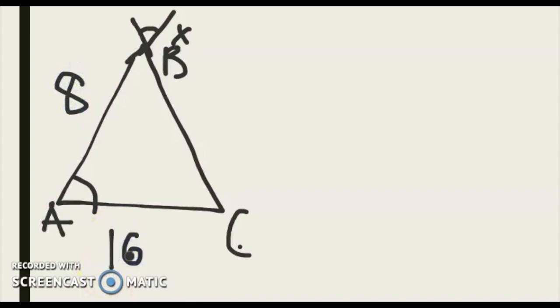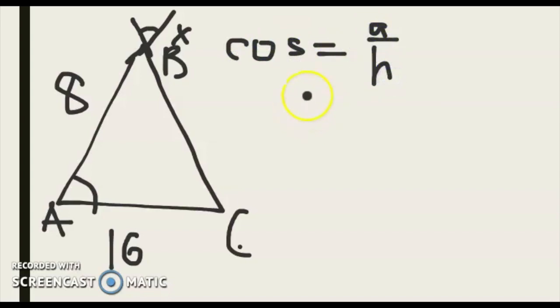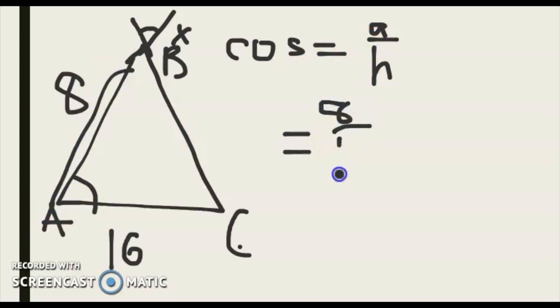Here is where memorizing and understanding trigonometric functions comes in handy. To find angle A, we're going to use cosine because that's adjacent over hypotenuse. The adjacent is 8, so we have 8 over 16, which is the hypotenuse or the longest side, which equals 1/2.